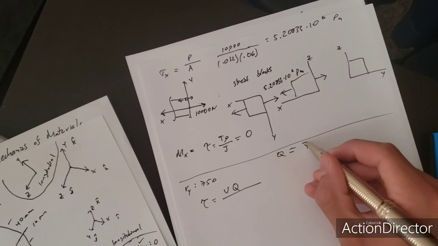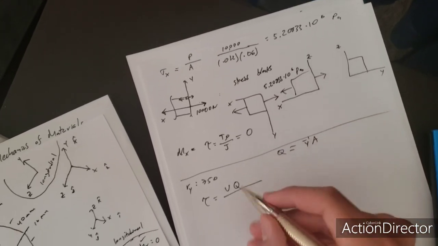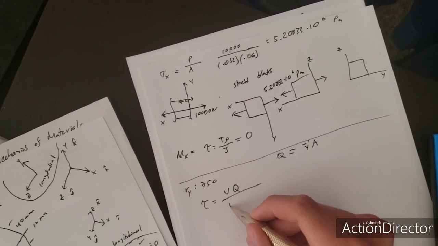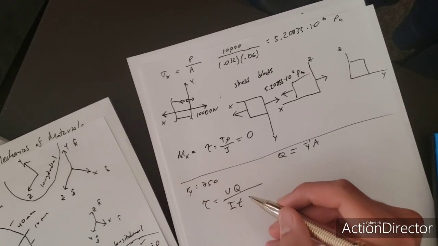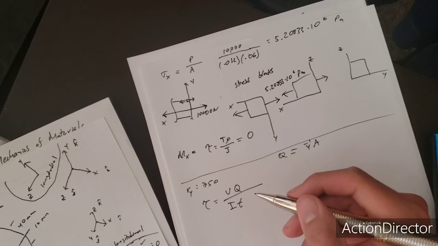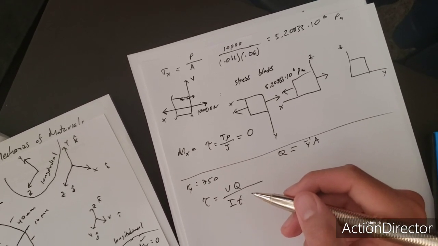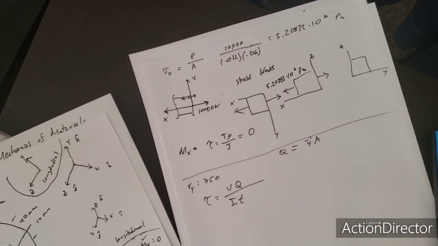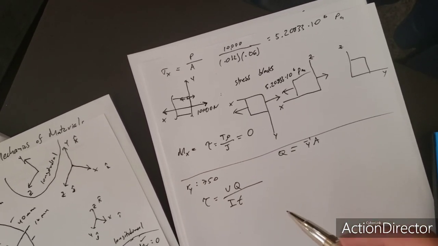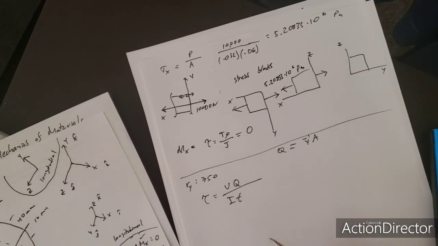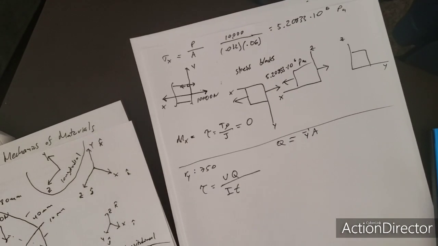Well, Q is just y bar prime times the area, and I is the area moment of inertia, also known as the second moment of area, and it is just a measure of the cross section resisting the rotation or bending about any axis, and that axis can be the neutral axis. So you'll see it in a little bit.